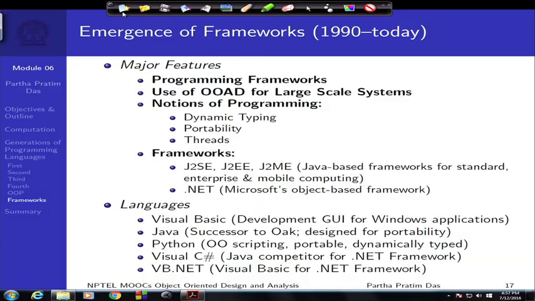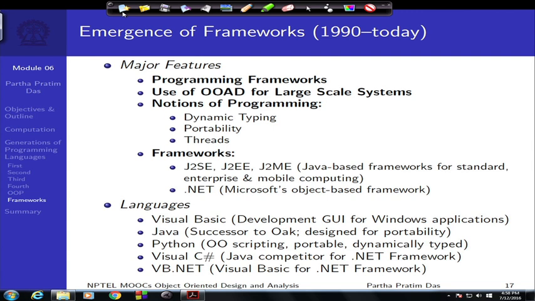.NET framework from Microsoft has been very dominantly used in a variety of application development, and therefore, you will find that several of the languages that emerged during this time have significantly been linked to different frameworks. So, when we talk about Visual Basic, we are certainly talking about GUI programming on Microsoft Windows applications, and when we talk about VB.NET, we are certainly talking about programming with Visual Basic under the .NET framework.